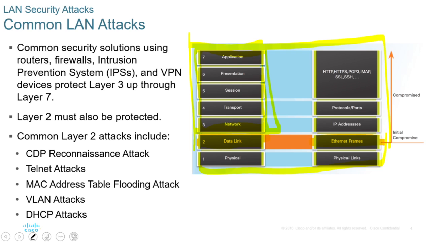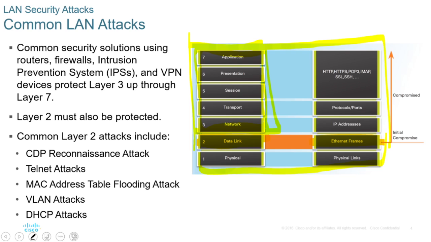So if we think about the common layer 2 attacks, you may remember CDP from one of the previous modules, the discovery protocols that we have discussed previously. One of the attacks is known as the CDP reconnaissance attack.